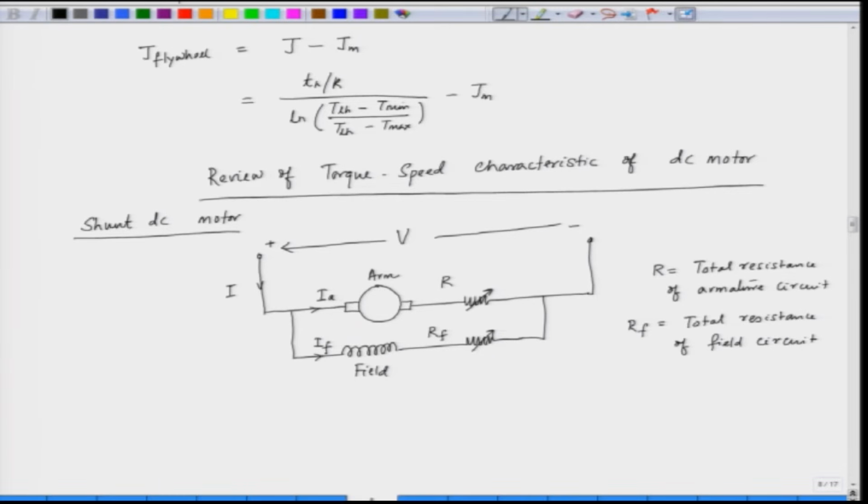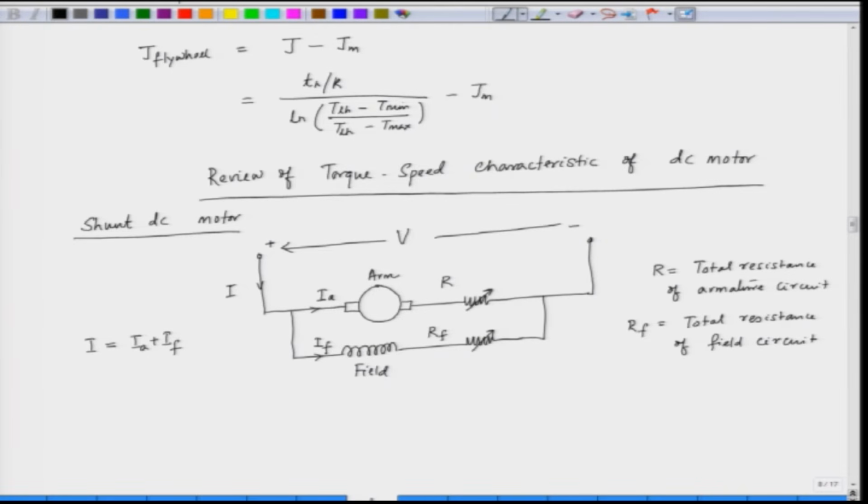So, we can write down some equations. First of all, I, the current which is drawn from the DC power supply, is equal to the armature current plus the field current, I equal to IA plus IF.